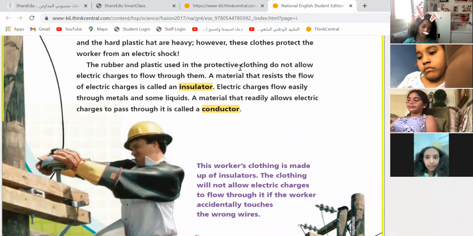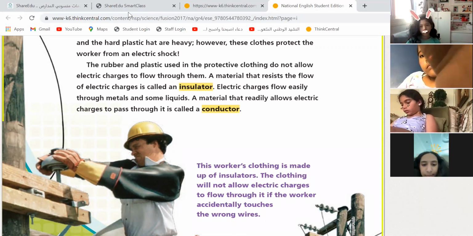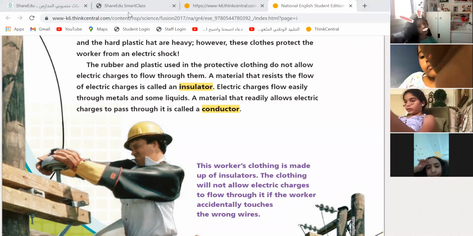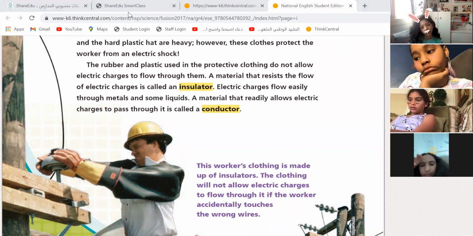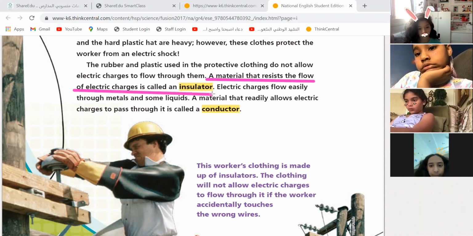So the material that resists the flow of electric charges, we call it an insulator. And the opposite, we call it a conductor. Please, let's underline it together.